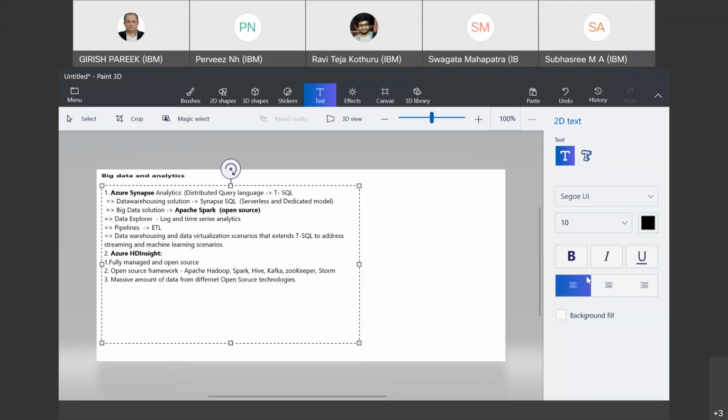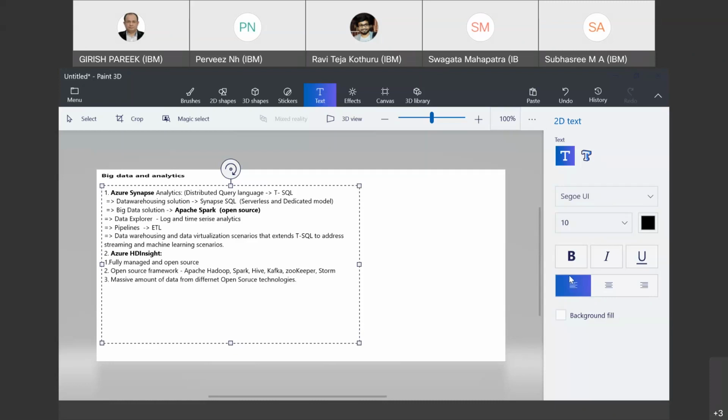Earlier, the previous name of Azure Synapse Analytics was Azure SQL Data Warehouse, because it is based on SQL processing. It is a limitless analytics service that brings together enterprise data warehousing and big data analytics together. As I told you, it gives you an option to mix the two things together: one is the traditional data warehousing system, and the other is the latest big data analytics solution.